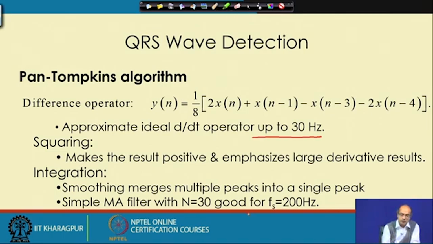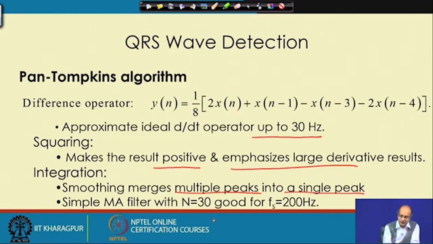And when we pass it through, the high frequency terms will be emphasized, followed by the squaring operation, which will help us make it positive and emphasize the large derivatives. Following the squaring operation, there would be an integration block, which will help in smoothing, and multiple peaks will merge into a single peak.